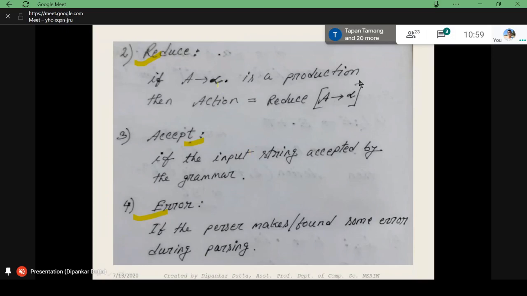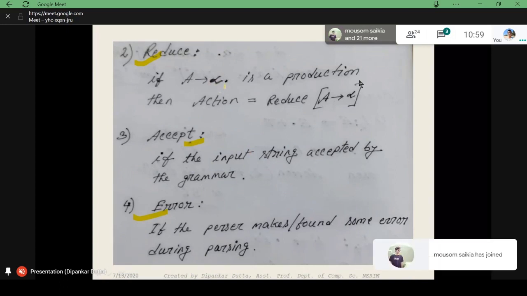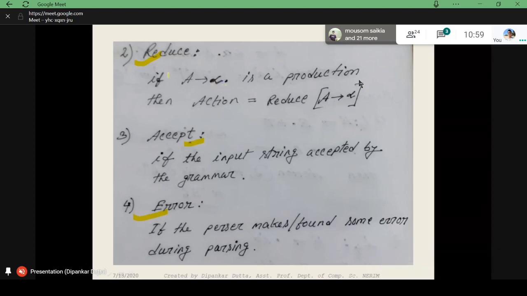And from the categories of canonical item set, till now we have read only 2: one, dot followed by terminal, as shift, and one, dot followed by nothing, as reduce.